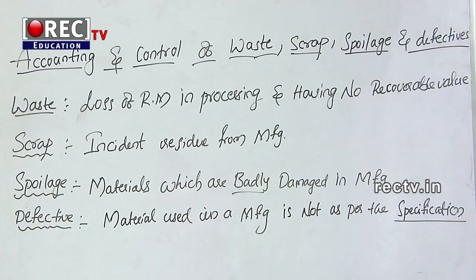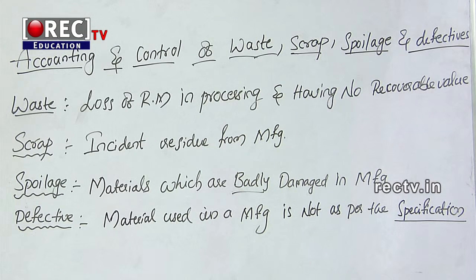Accounting and control of waste, scrap, spoilage and defectives. Before going into this, let us understand in very simple terms what is waste, scrap, spoilage and defectives. Waste is a loss of raw material in processing and having no recoverable value, that is, it cannot be sold.